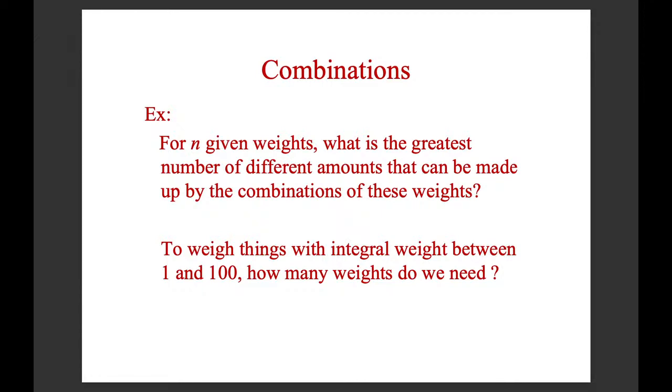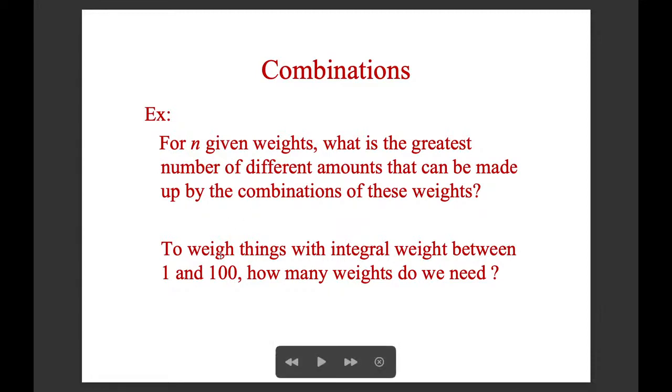So the maximum number is never more than 2 to the power n. The reason is that because we have n pieces of weight, for each of these weights, we can either use it or not use it. So in that case, there are 2 to the power n ways for the combinations of the weights that we are using.